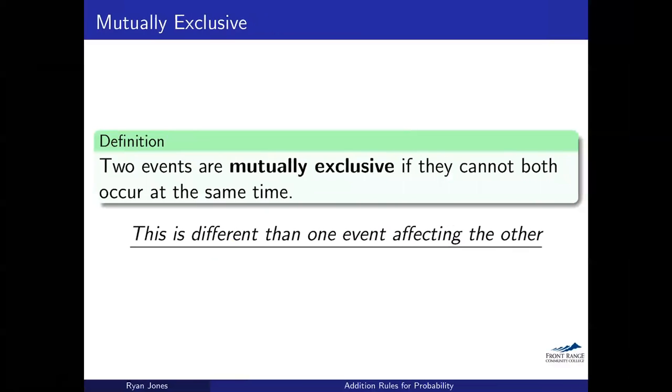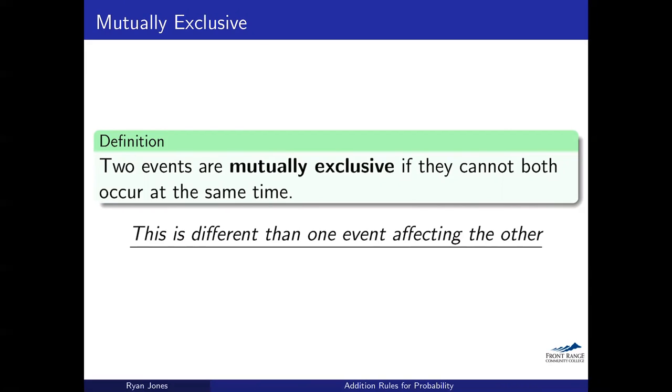We'll start off with a definition that's going to be critical to these problems: the idea of mutually exclusive events. We'll call two events mutually exclusive if they can't both happen at the same time. A very classic example is rolling a die. If we tried to roll a 2 and a 5 at the same exact time, clearly that can't happen, because with one roll of the die, you're either going to roll a 2 or a 5 or a 1 or a 3 or a 4 or a 6.